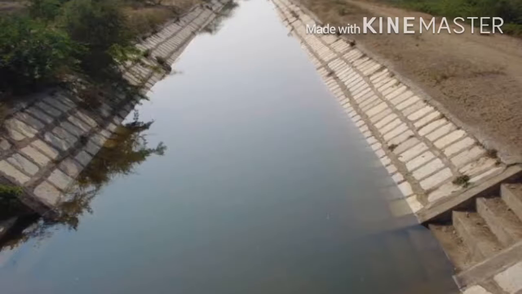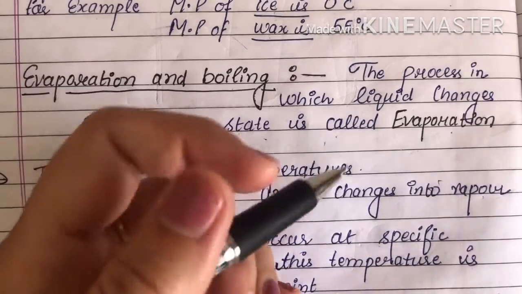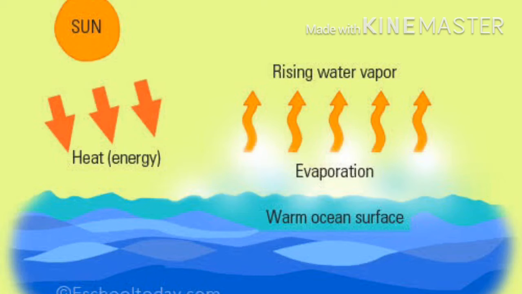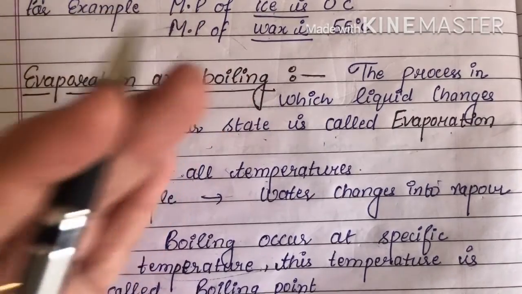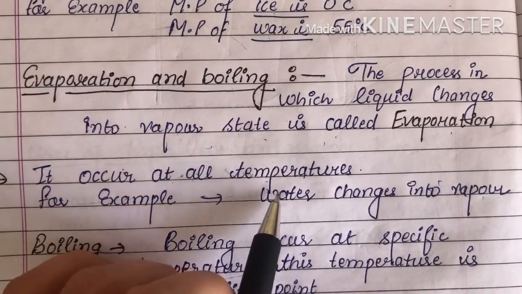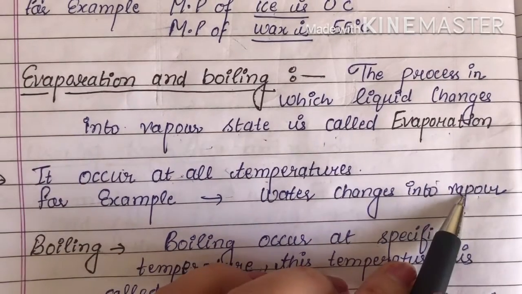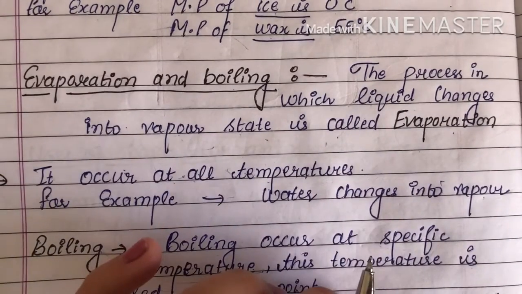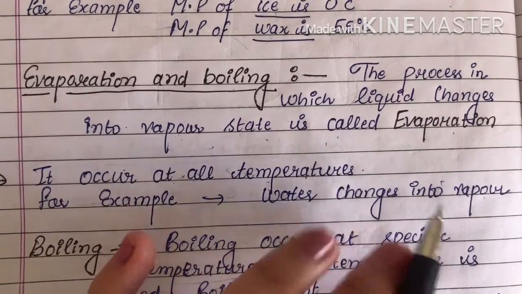You can see the water level reduces in lakes and rivers in summer. This is because of evaporation: the water comes in contact with the heat, gets evaporated and converted into vapor form, so the water level reduces.